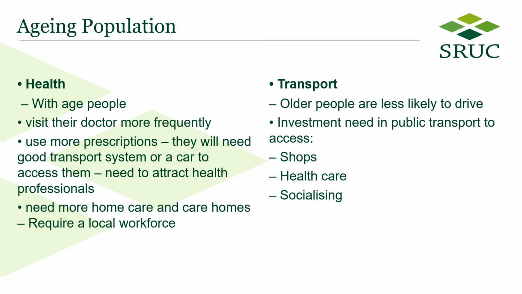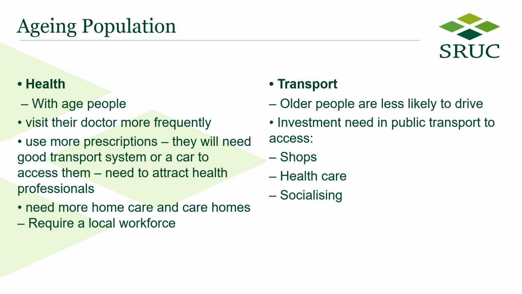So with an aging population, you have key social indicators that are influenced. So one is health, the other is transport. And with health, with aging people, they visit their doctor more frequently. They use more prescriptions. So they will need a good transport system, and we've seen that rural areas often don't have as much public service access, or they need a car to access them.